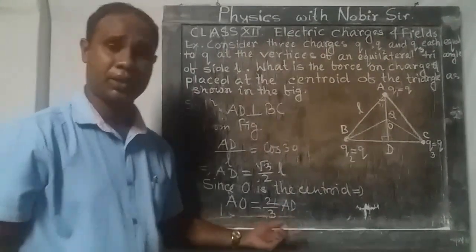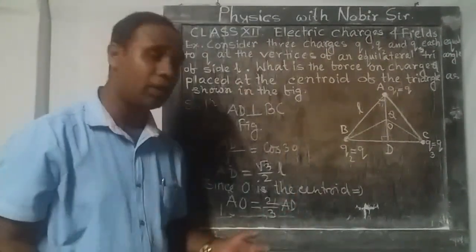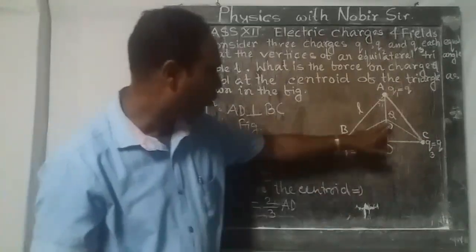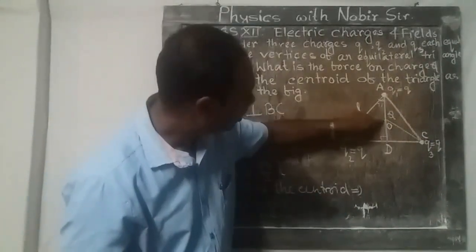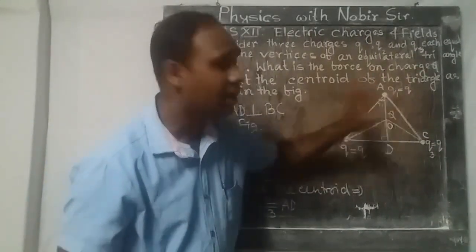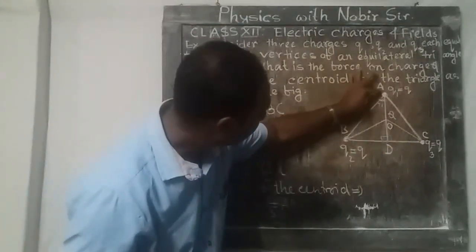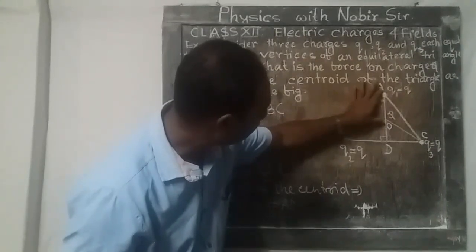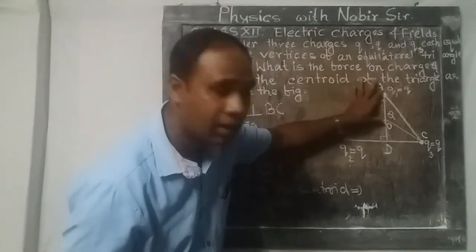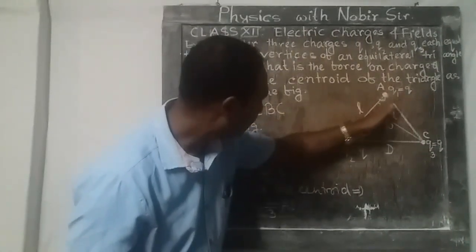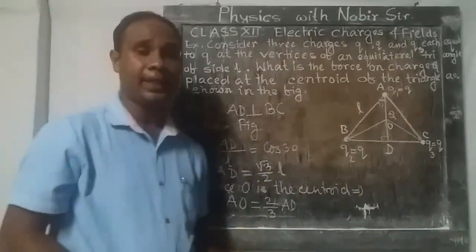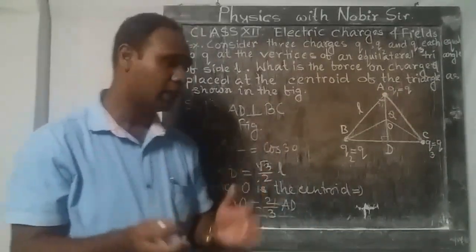This is the general convention. You learned this in class 10, that the centroid distance from the vertex is exactly 2/3 of AD.